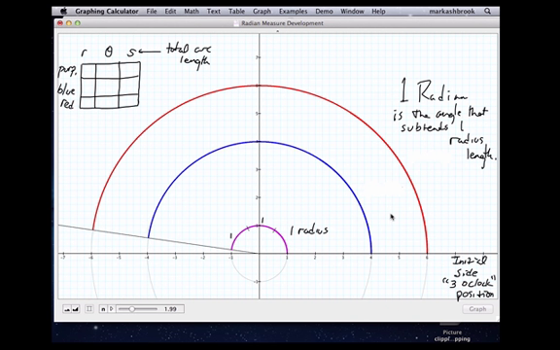Does it make sense? I'm just thinking about the theta. Oh, sorry, I didn't tell you. Radian is the angle measure. The conventional symbol for angle measure is theta.